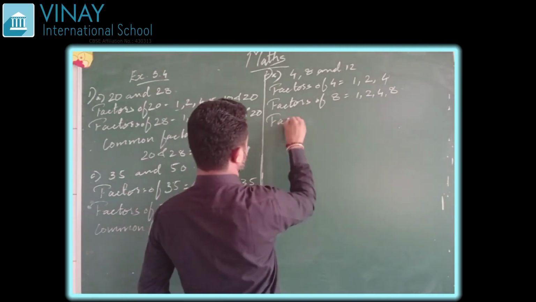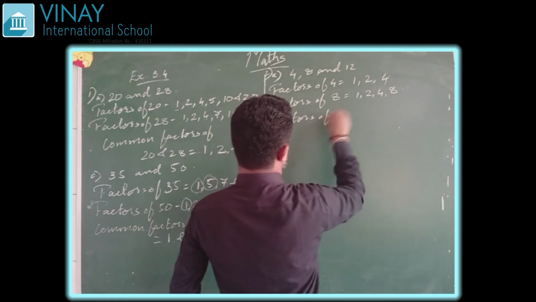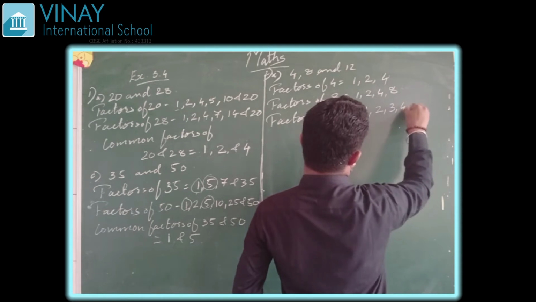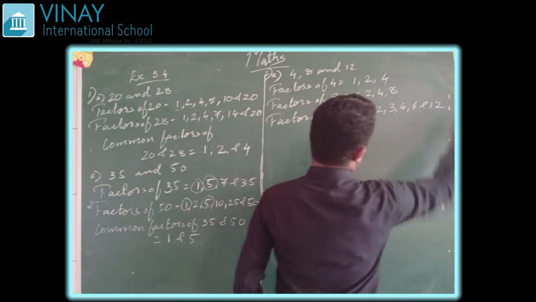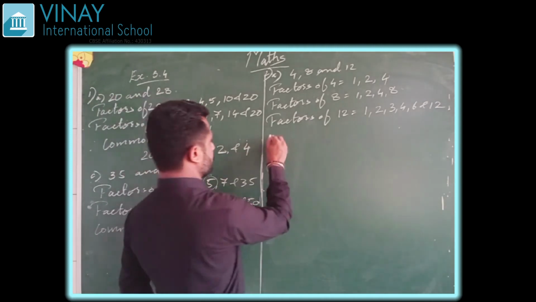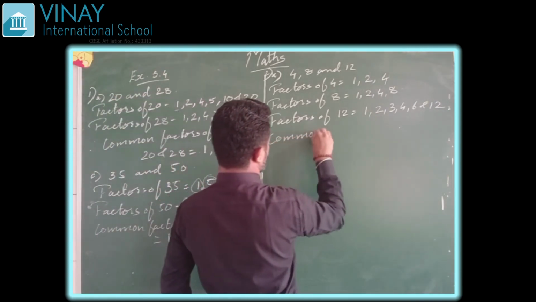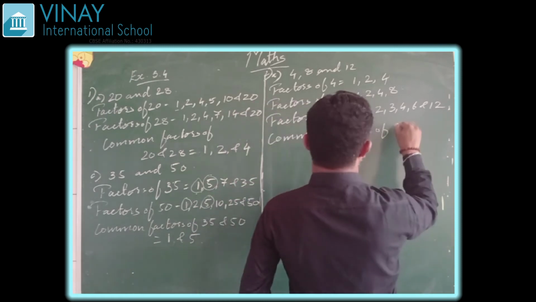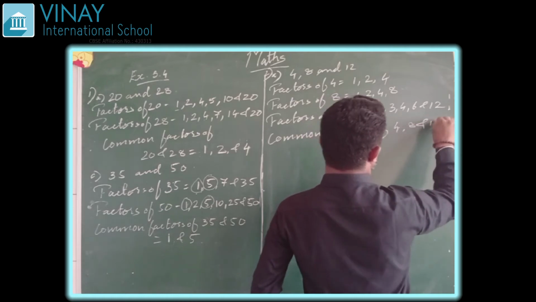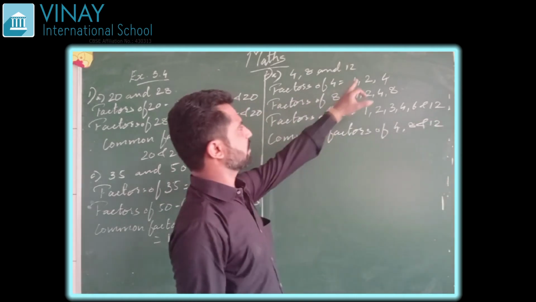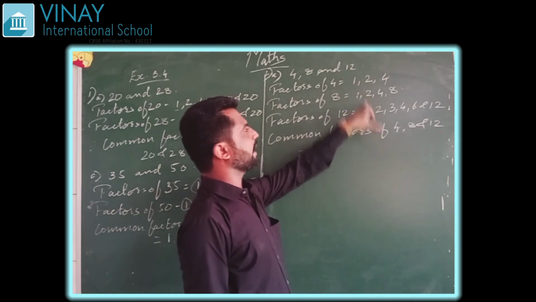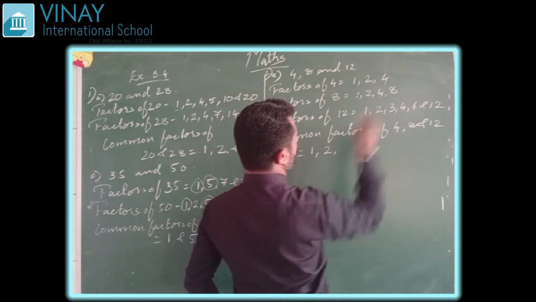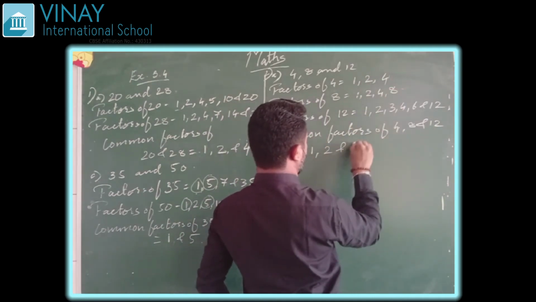Factors of 12 are 1, 2, 3, 4, 6 and 12. Now we have to find the common factors of 4, 8 and 12. 1 is there in all three, then 2 and 4.